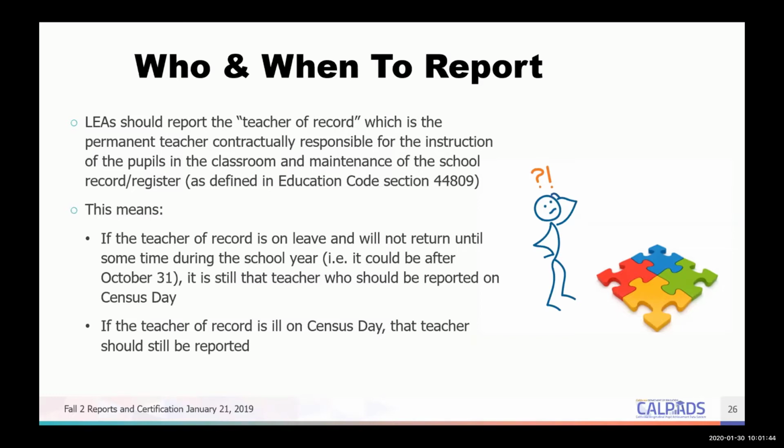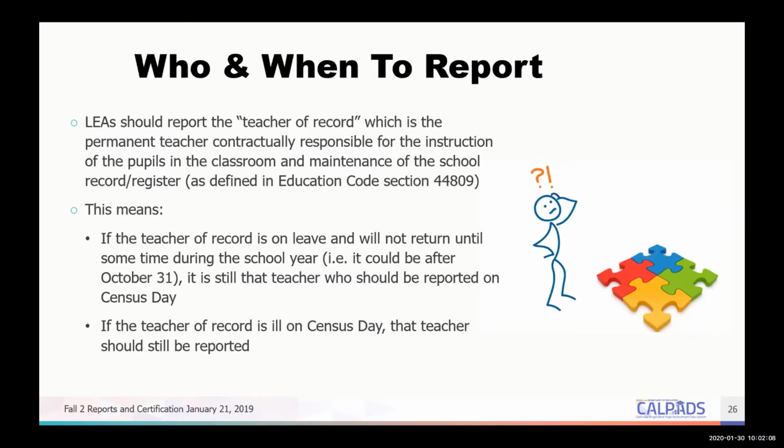So we have some examples here. If the teacher of record is on leave and will not return until sometime during the year or even beyond the academic year, 2 years, 3 years, 4 years, maybe because they were on medical leave, then as long as they are contractually assigned to that class, you report that teacher of record.